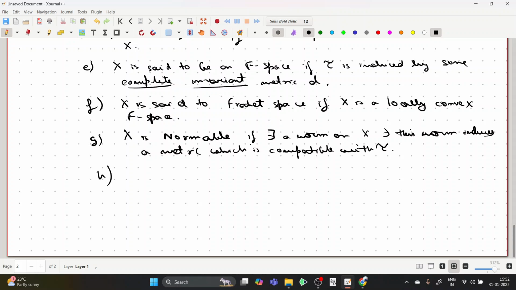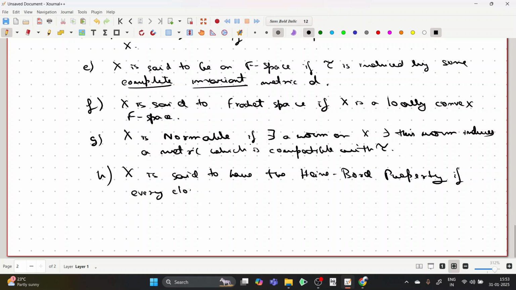And the final definition is that X is said to have the Heine-Borel property. X is said to have the Heine-Borel property if every closed and bounded subset of X is compact.